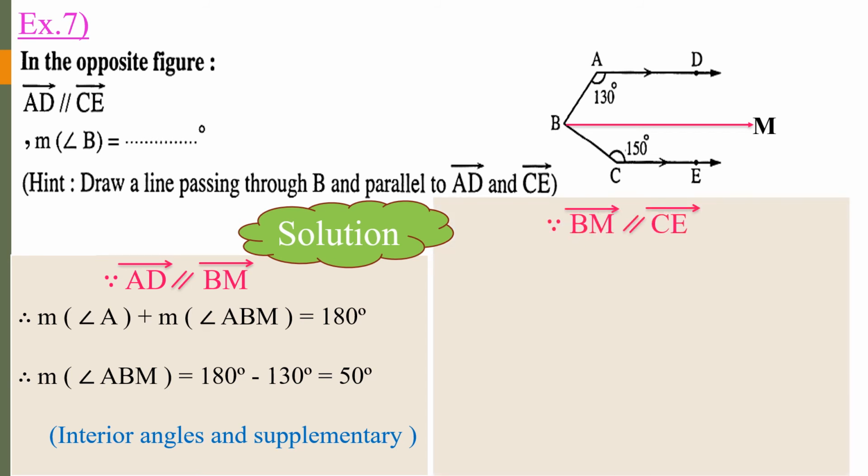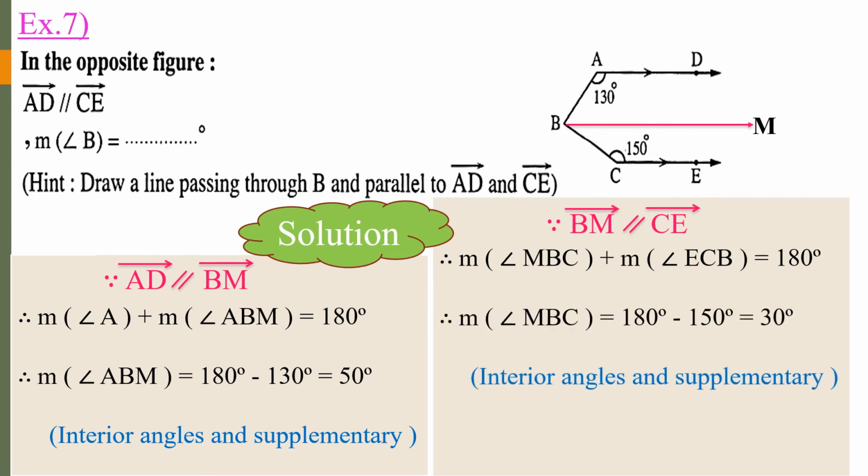And also since BM is parallel to CE and BC is a transversal of them, then the measure of angle MBC plus the measure of angle ECB equals 180 degrees. Then the measure of angle MBC equals 180 minus 150, which equals 30 degrees, as interior angles and supplementary.